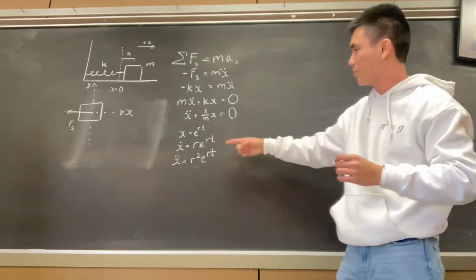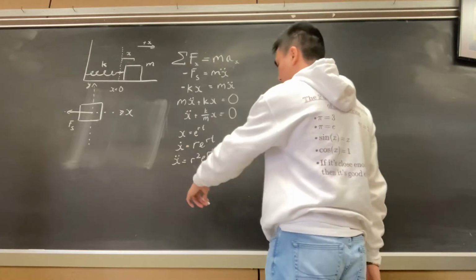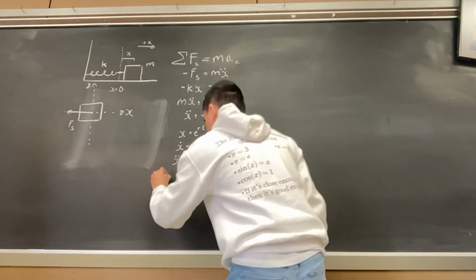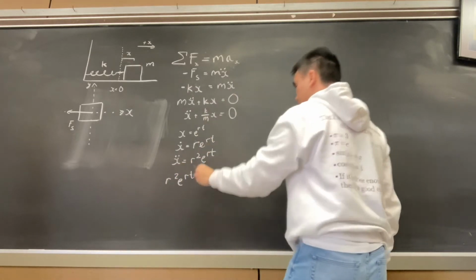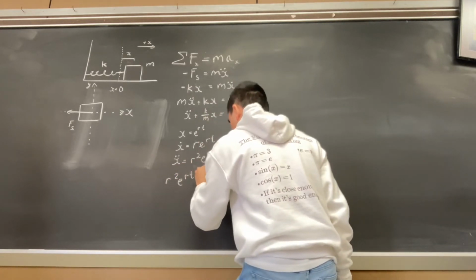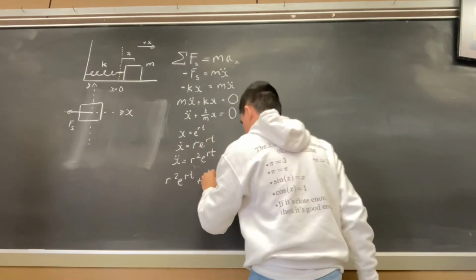So I'm going to plug this back into here. I'm going to have x double dot, so this is r squared e to the rt, plus k over m, and x is just e to the rt.